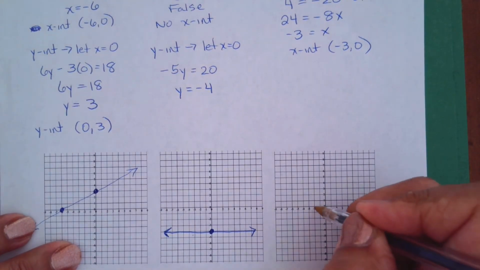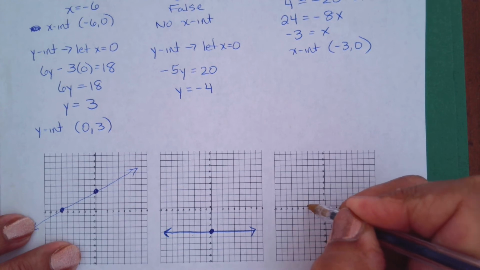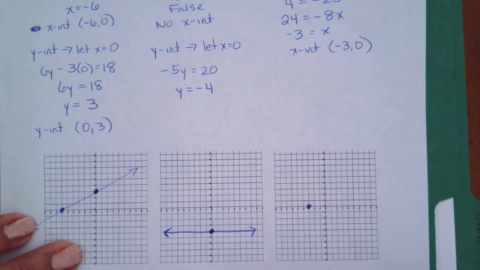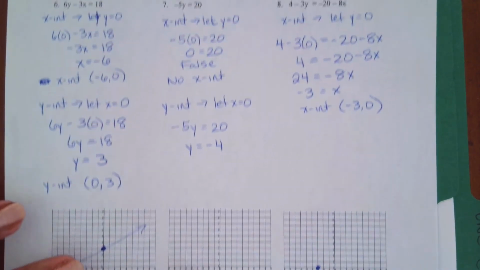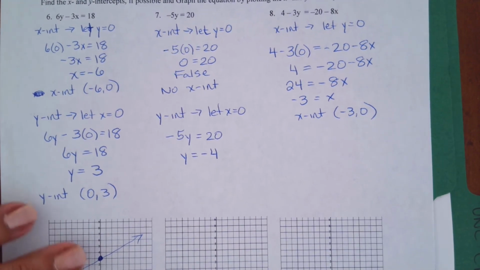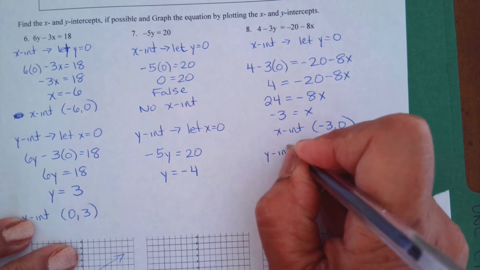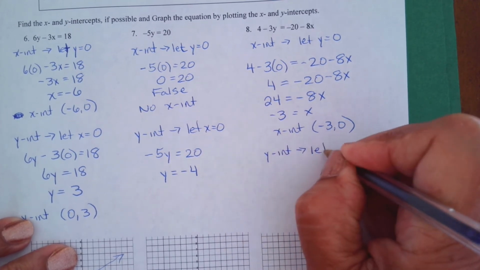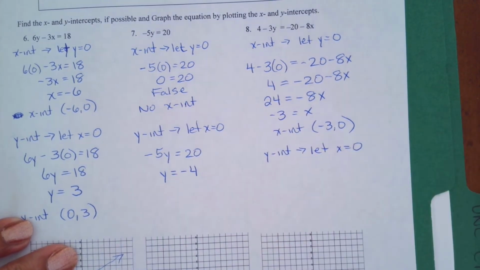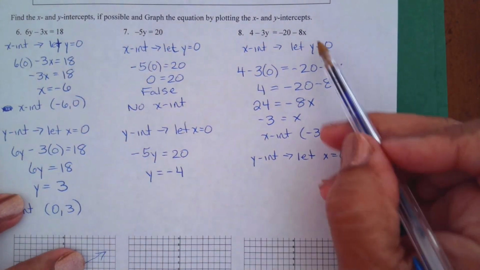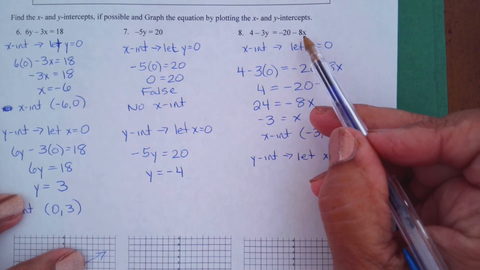Go down here, x-intercept, 1, 2, 3. Right there is your x-intercept. Okay, and then the y-intercept for this problem, we're going to let x be 0. So we're going to let this value right here be 0.